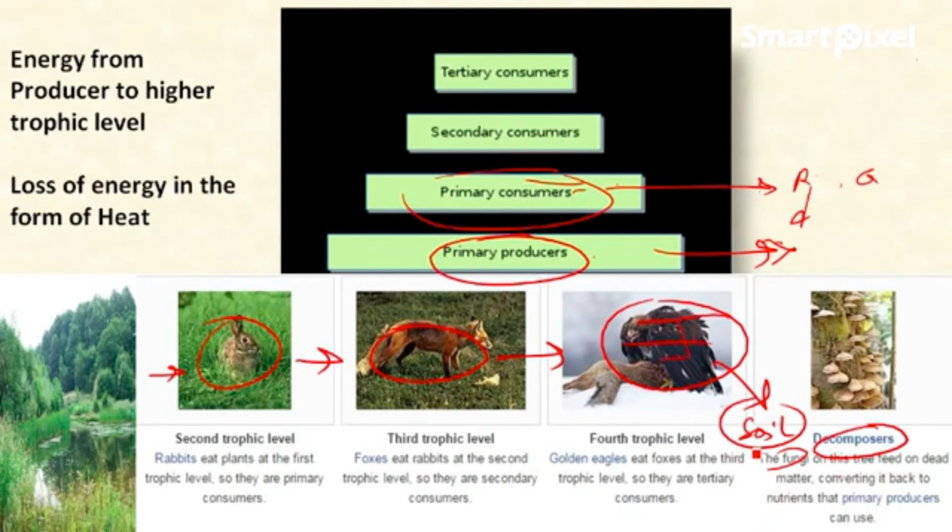The organisms which decompose this organic matter are called saprophytes. These saprophytes convert the decayed organic matter into nutrients, and these nutrients are again utilized by the plants, and then the cycle goes on.